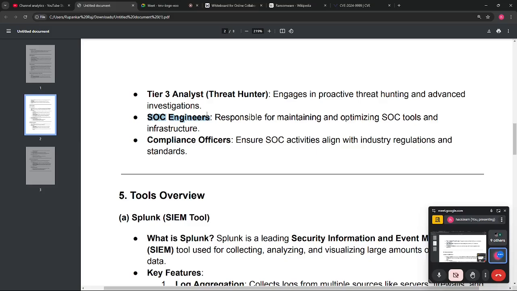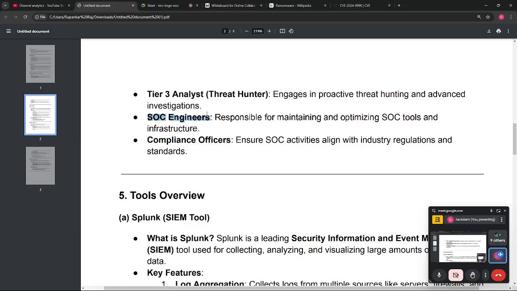And after that, your other tasks will be infrastructure management, like maintaining the SOC underlying hardware and network infrastructure to ensure its reliability, so that it works fine for hours and hours, because SOC is a 24 by 7 task. So infrastructure management, tool maintenance and configuration, and sometimes automation you will be doing.